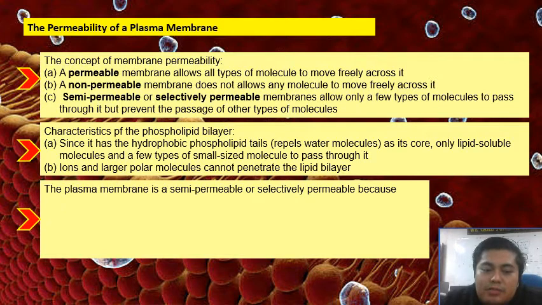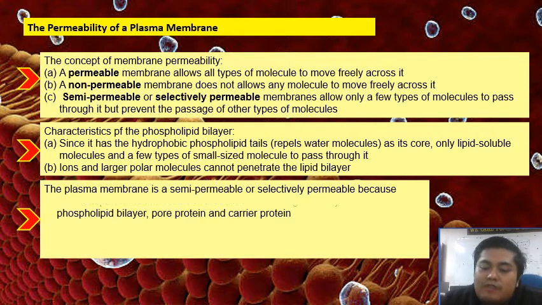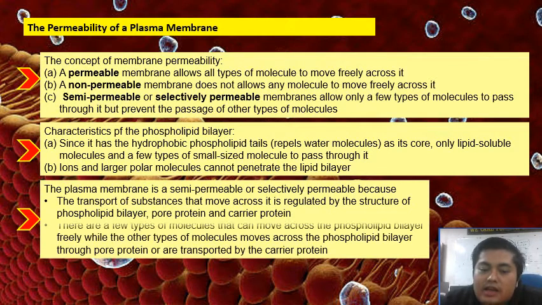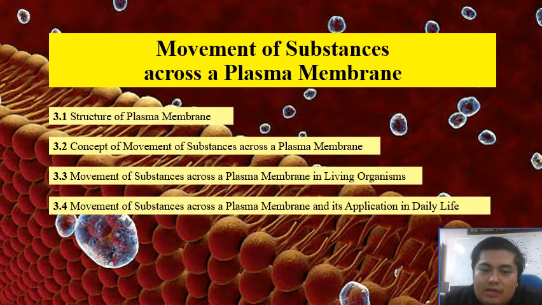The plasma membrane is selectively permeable because the transport of substances across it is regulated by the structure of the phospholipid bilayer, the pore protein or channel protein, and the carrier protein. So there are a few types of molecules that can move across the phospholipid bilayer freely, while the other types of molecules move across through the pore protein or are transported by the carrier protein.